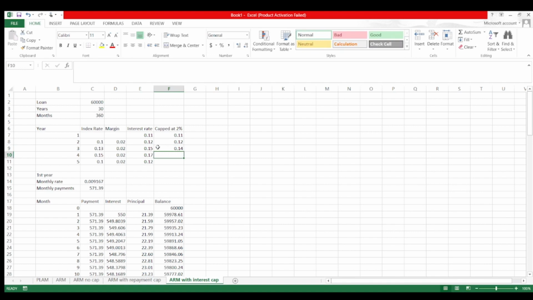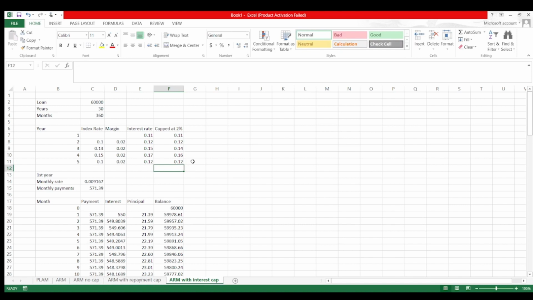And then from 0.14, we can only increase by a maximum of 2%. So here we can't exceed 16%. So here you realize it's 17%. So here we go to 16%. And then in the event that it reduces, unlike where we have a cap on increment, there's no cap on reduction. So we effect the 12%.